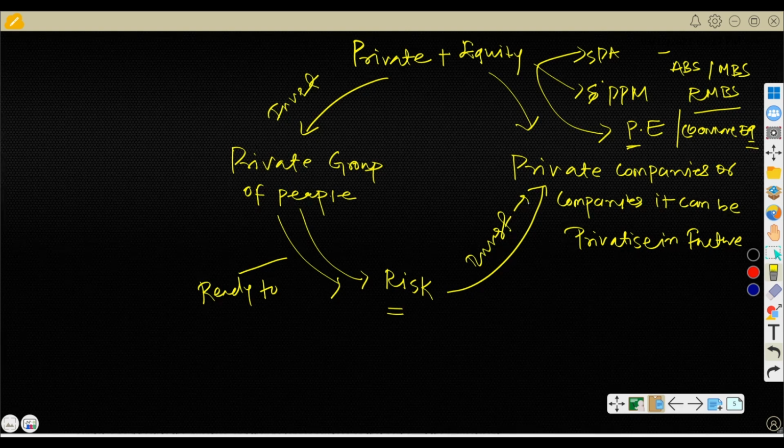It's not only that they invest in private companies. I have seen many funds who also invest in public companies through different bonds and other obligations, so they can directly provide funding to businesses also. So in short, you would see this structure, and when we say equity, it means ownership. A private group of people always look for ownership. When we say equity, it means ownership, guys.